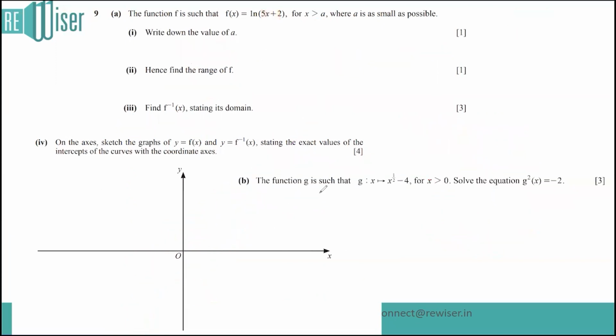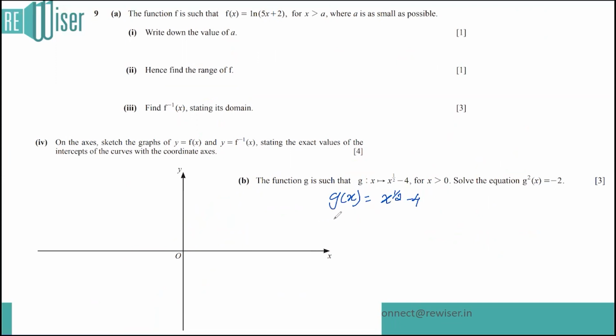Next, finally, part B. The function g is such that g of x is given as x to the power half minus 4. And we need to find g squared x equals minus 2, which means we need to solve that equation.